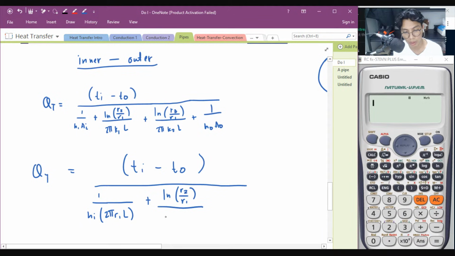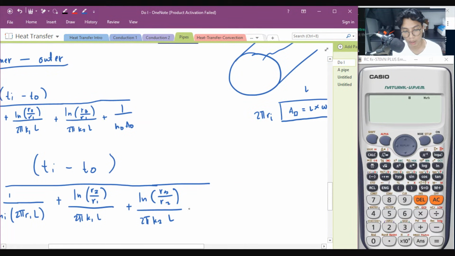Haba na ito 2 pi K sub 1 L. Plus yung pangalawa, the ln nung R3 over R2 divided by 2 pi K2 L plus 1 over HO multiplied to 2 pi. Ano yung pinaka-outer radius niyan? That is the 3. Okay, the third radius, R3, L.